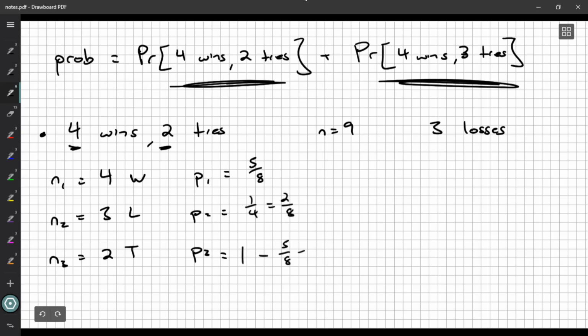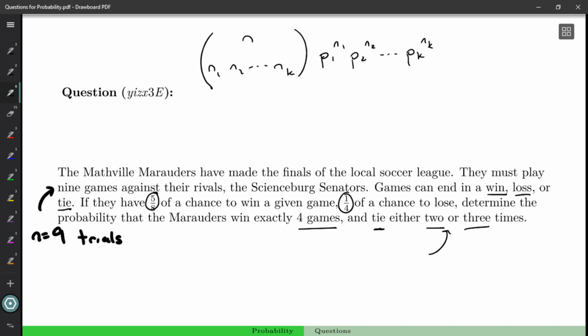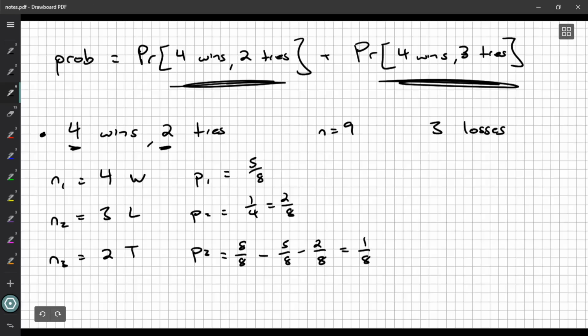Because in order to use our formula, the probabilities of all our multiple outcomes have to all add up to 1. So we can trade 1 for 8/8. 8 minus 5 minus 2, 1/8. So even though it's not mentioned in the question, the probability that they tie is going to be 1/8. And that works here as well as in the next case that we're going to have to work out.